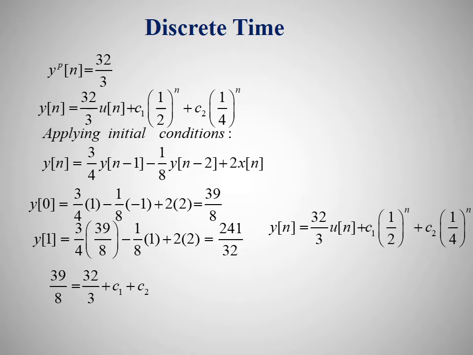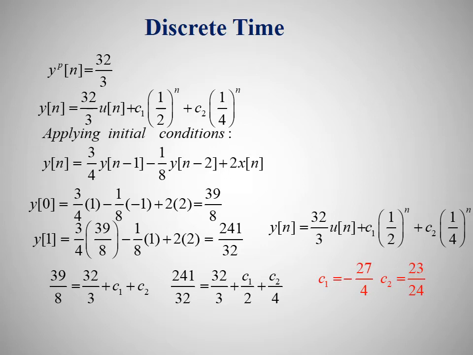Thus the expression becomes 39 by 8 is equal to 32 by 3 plus c1 plus c2, that is for y of 0, and for y of 1 it becomes 241 by 32 is equal to 32 by 3 plus c1 by 2 plus c2 by 4. That is when n equal to 1. This is when n equal to 0.